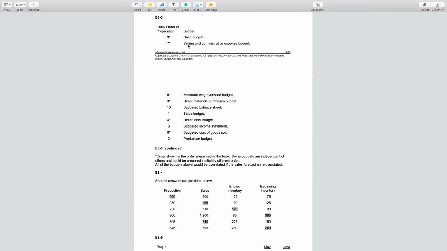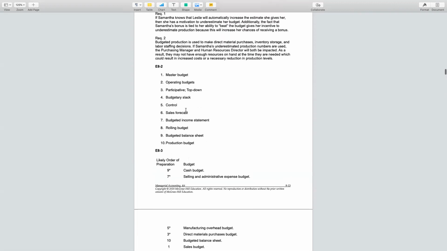Selling and administrative expenses, number 7. And those are all the items that go on the budgeted income statement. Now, as far as the budgeted balance sheet goes, we want to forecast the cash budget, which is number 9. And then next would come the budgeted balance sheet, number 10. So just look at that page, 350, and just go in the same order, and you'll get it.